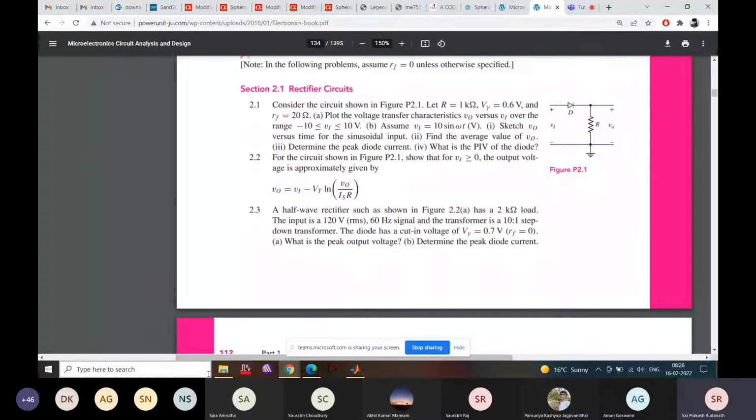Yes, V out is equal to R by R plus resistance in diode RF, right? And you have the cutoff voltage of the diode, V1 minus 0.6. You got it? Everyone understood what we're getting there.